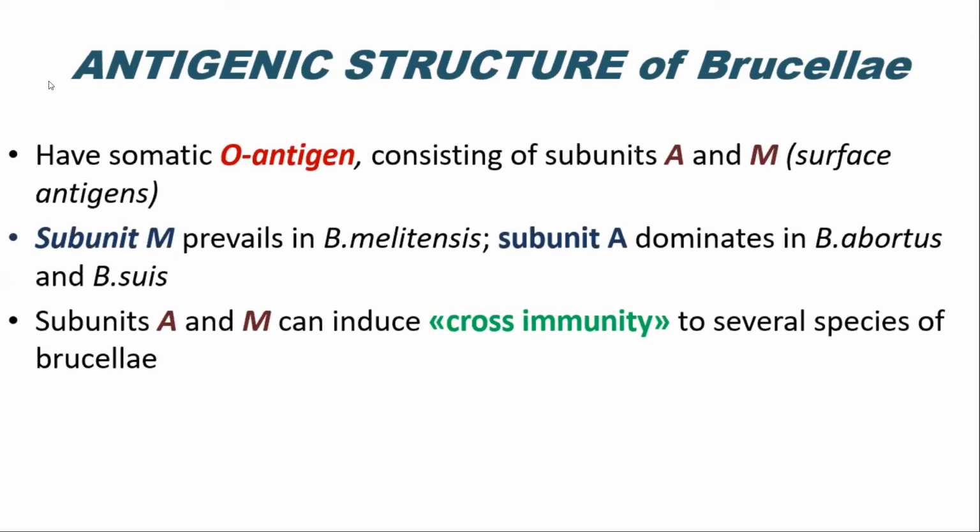I mean, as any Brucella has O antigen similar in composition with the presence of A and M surface antigens, it makes it possible to prevent disease against all different sorts of Brucella, because all of them are similar in structure and they differ only in the prevalence, in the concentration. A and M antigens can be found in different ratios in all species of Brucella. That is why vaccine against Brucella is made of a single species.